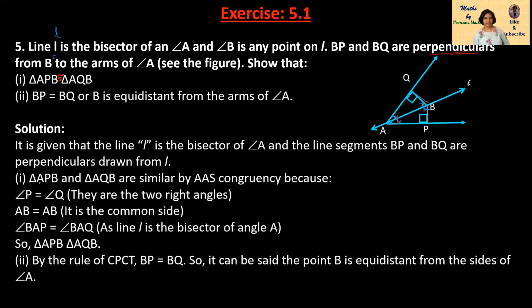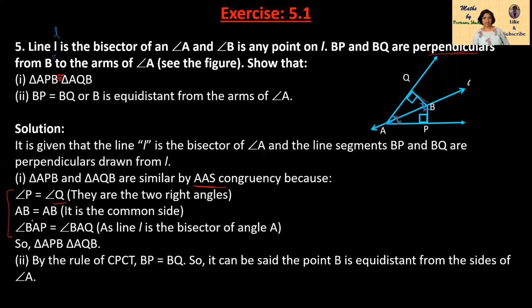So here we can write in that way. It is given that line L is the bisector of angle A and line segments BP and BQ are perpendiculars drawn from B. So triangles APB and AQB are congruent by AAS congruency rule because we have already found out, but here I am writing it: angle P equals angle Q. These are the two right angles.